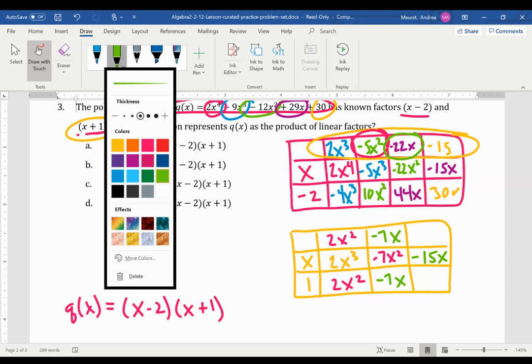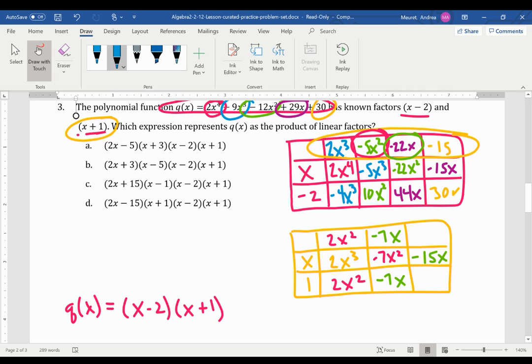And to get that to be a negative 15x, there must have been a negative 15 right here, because negative 15 times x is negative 15x. And then my target is also negative 15. So you can see when I put the negative 15 here, negative 15 times 1, that I got the target in one step. Okay.